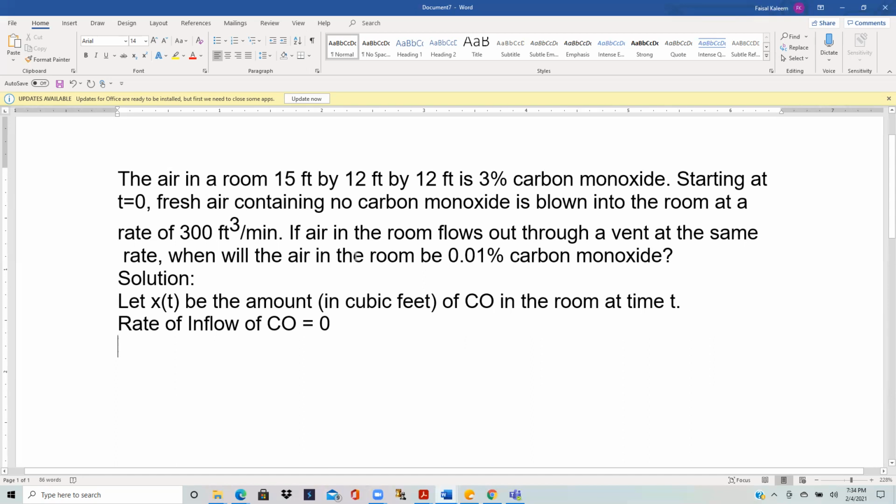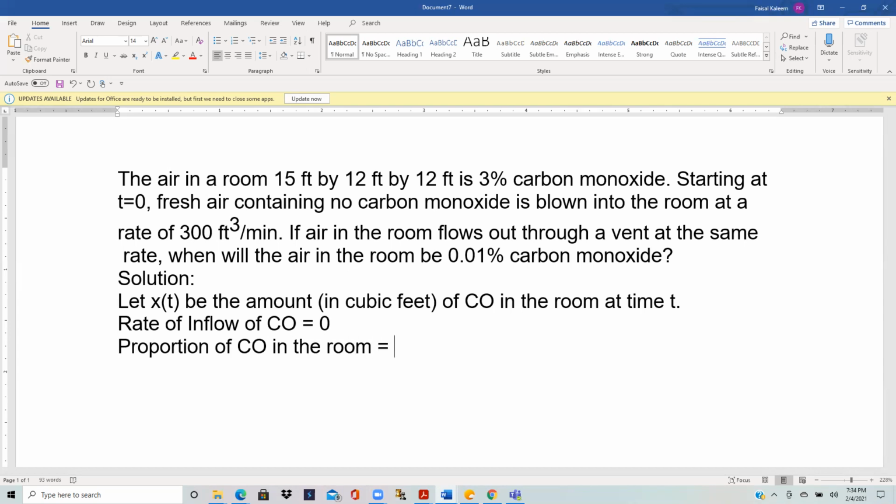But we want how much carbon monoxide that is. So first, let's note that the proportion of carbon monoxide in the room at time t will be x, the amount, divided by v, the total volume of the room.